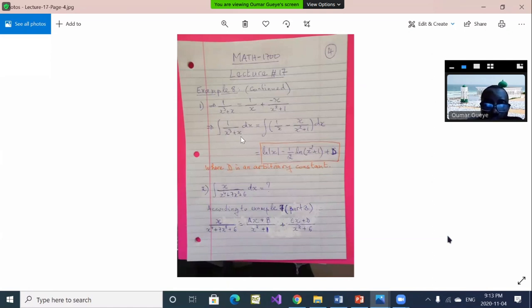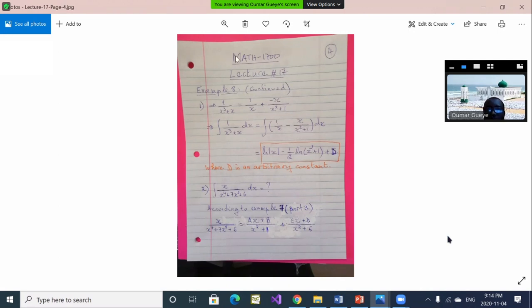Now, this was our initial integral. Since I already found the partial fraction, calculating this integral is going to be exactly calculating this integral. And you notice here, the antiderivative of 1 over x is ln of the absolute value of x. And for the second term, you can see the numerator is almost equal to the denominator.